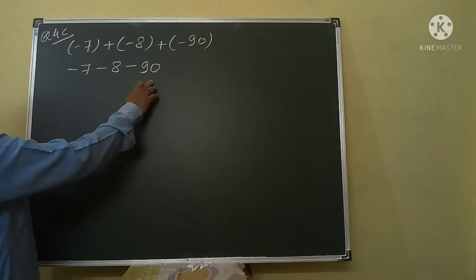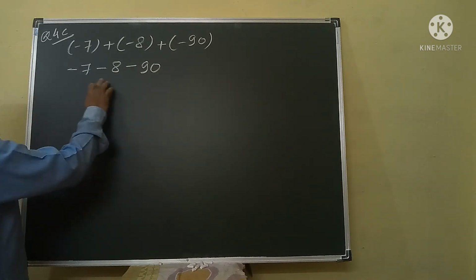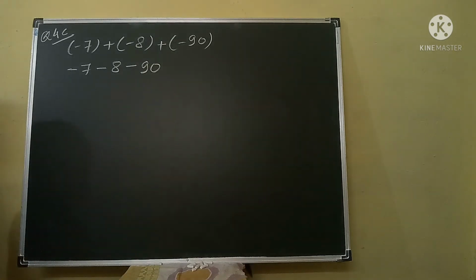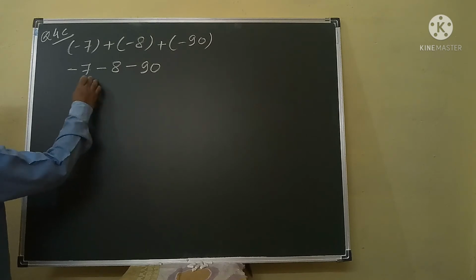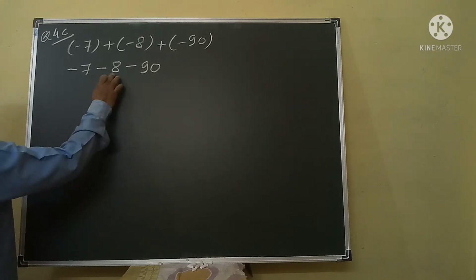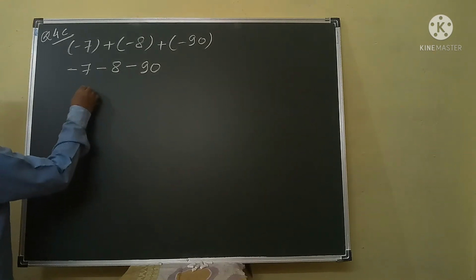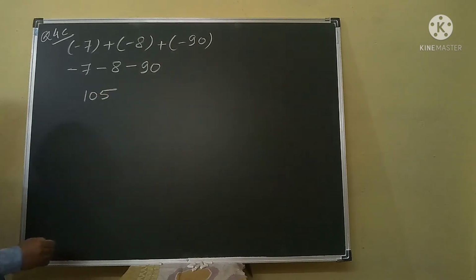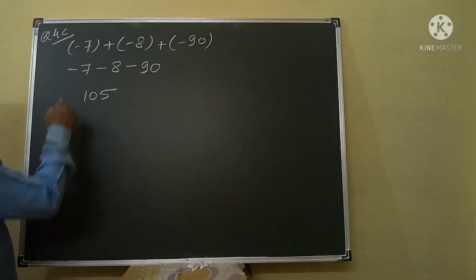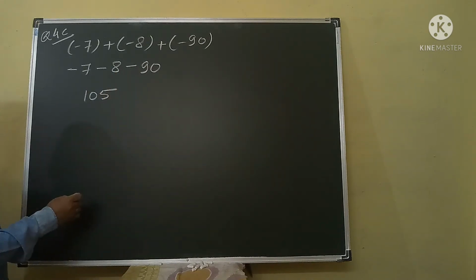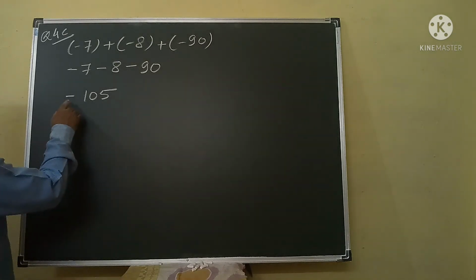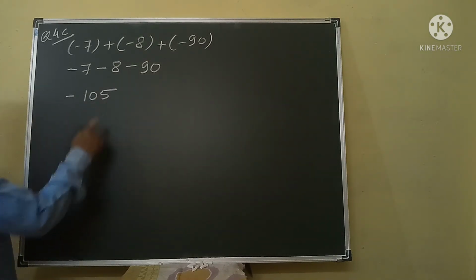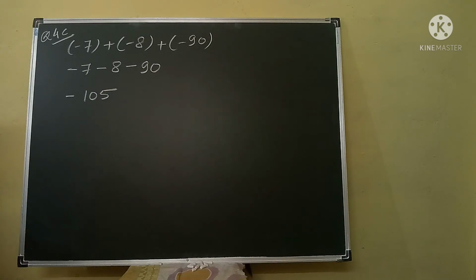After getting the sum: 7, 8, 15, 15 plus 90, 105. The sum is 105, but these three integers are negative, so your answer will be negative. Minus 105 is the required answer.